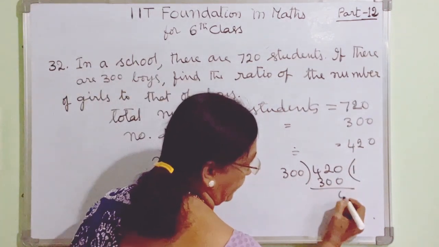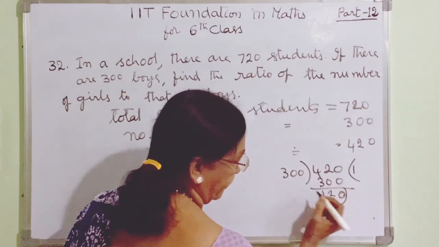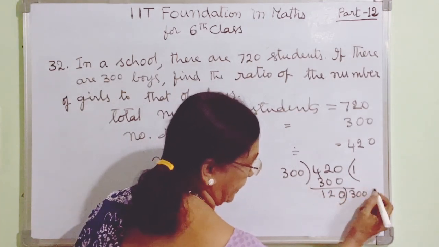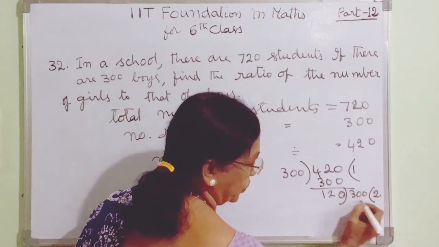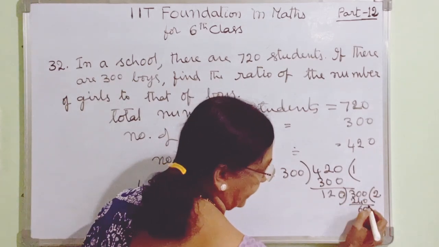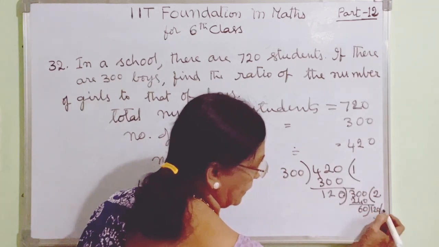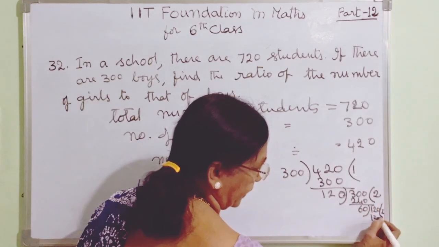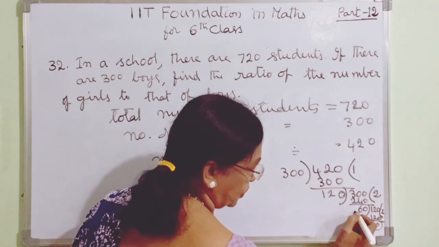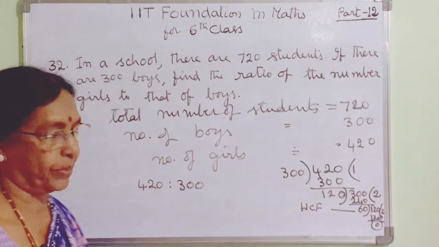So the remainder 120 remains. Take it as divisor and divide 300 by 120. 2s 240. So the remainder is 60. Take it as divisor and 120 as dividend, 6 twos 120. Therefore remainder 0. So the last divisor is the HCF of the two numbers.